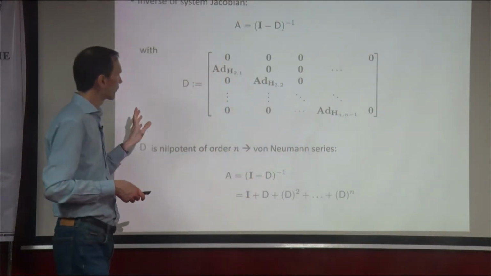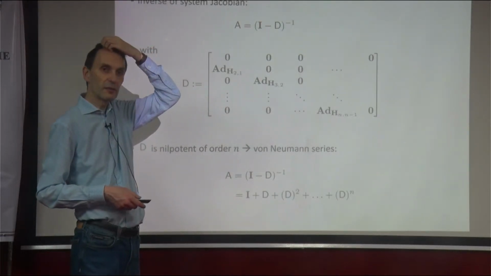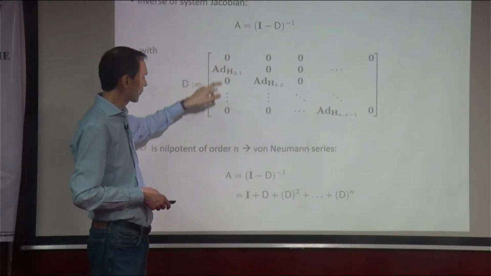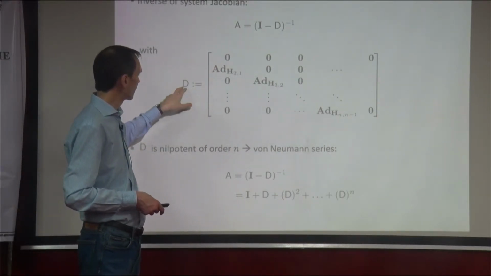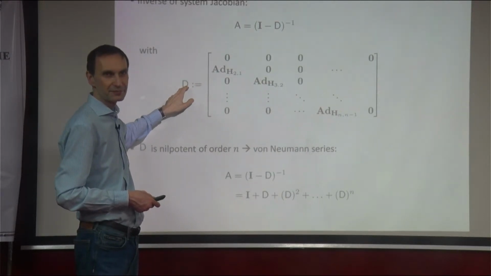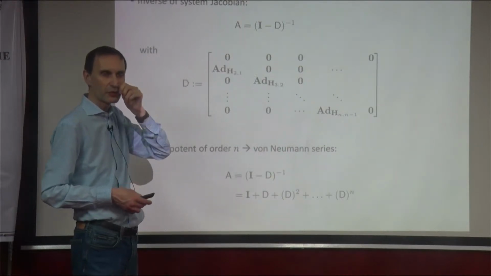If you have time and interest, try to take powers of this. If you multiply D, and we call it D for some reason, with itself, what do you get? Not easy to see, right? Does anyone see what happens?